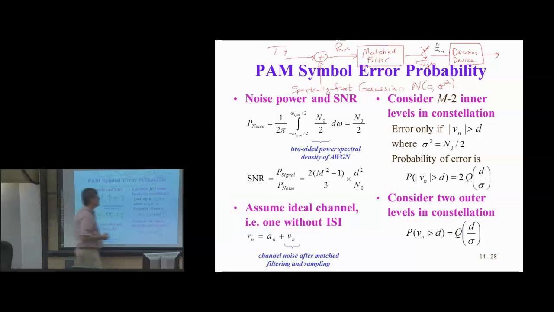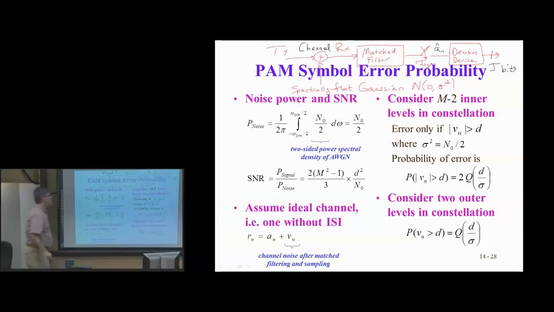And I have to make a decision as to what bits had been transmitted. So now I get my symbol of bits that comes out of the decision device. How much noise power gets through to the decision device depends on the amount of noise in the channel.